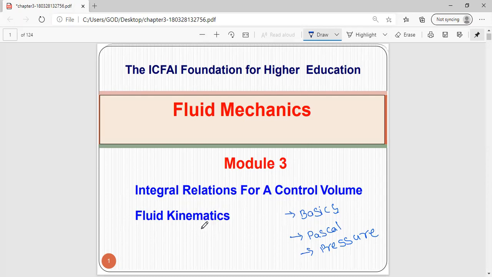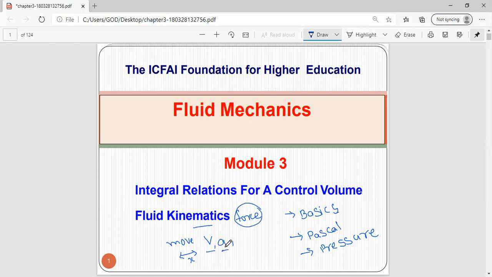In fluid kinematics, we'll discuss velocity, acceleration, and movement of fluid, that means flow of fluid, that is displacement, without considering the force effect. That means we neglect the cause, and we study the effect.